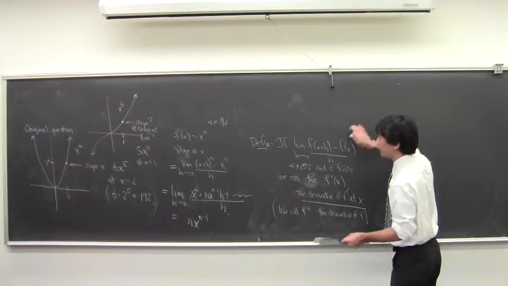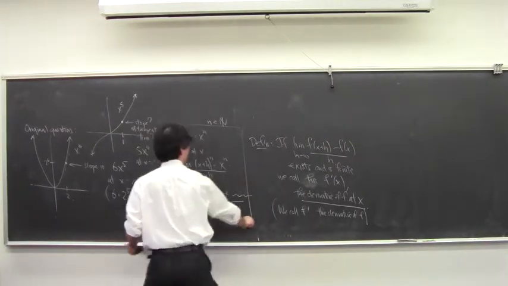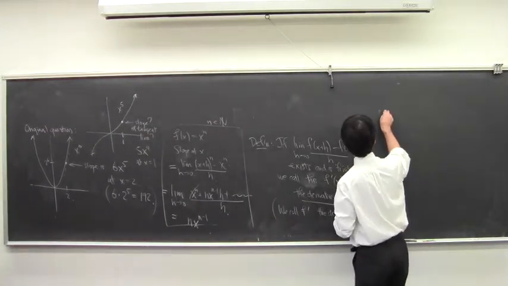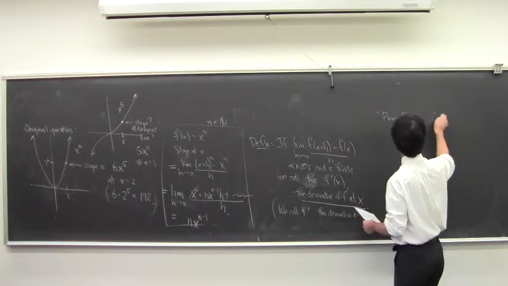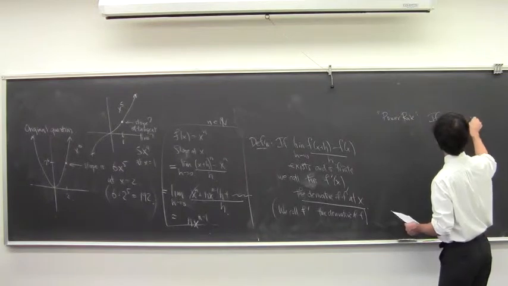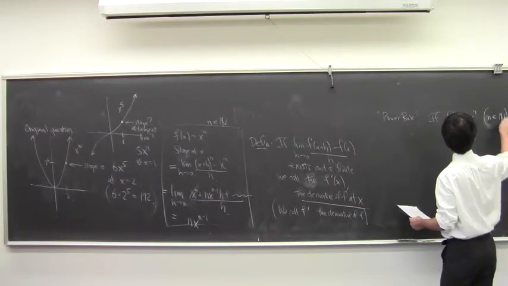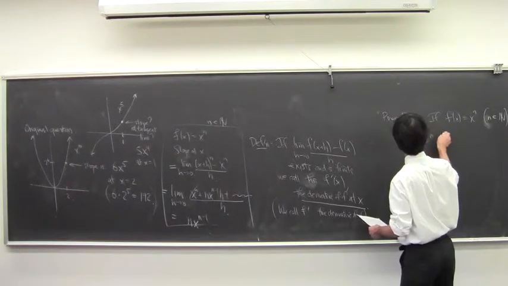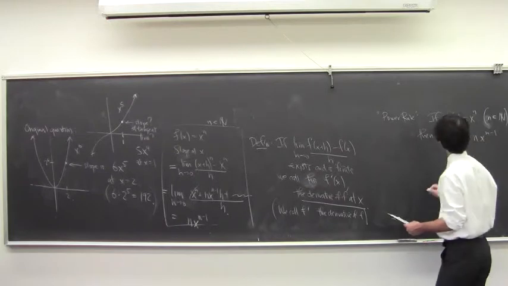Okay, and what we've just shown here is something called the power rule. If f of x is x to the n for some natural number n, then the derivative is n x to the n minus 1.